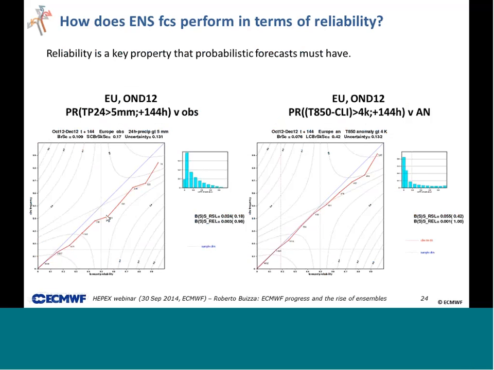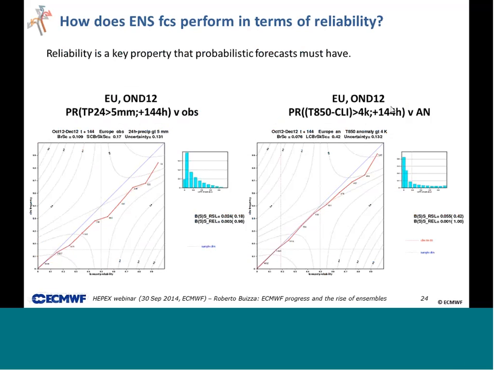You see how the forecast probability matches the observed frequency for precipitation 24-hour accumulated greater than 5 millimeter at 6 days verified against observations over Europe. We want to be on the diagonal. We are not far from the diagonal, but obviously for a 6-day forecast, it's good, it's not perfect.